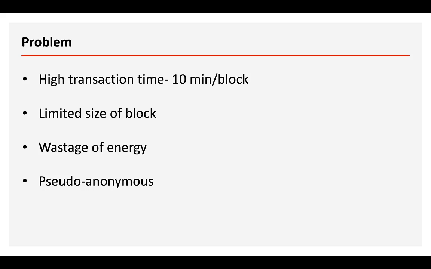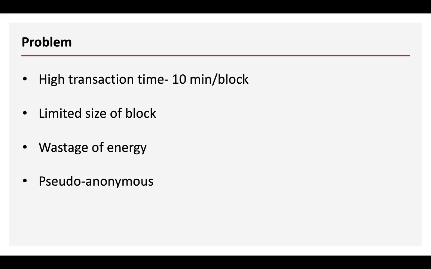The other problem with Bitcoin is that each block takes about 10 minutes, and if you look at the average number of transactions that are put in one block, we find that about 7 transactions per second on average get confirmed.